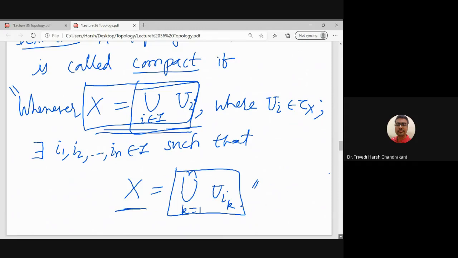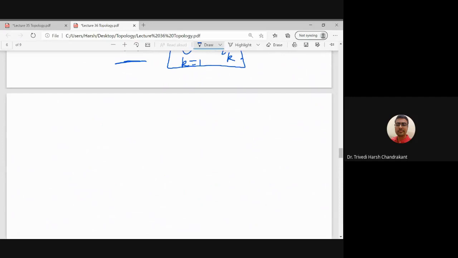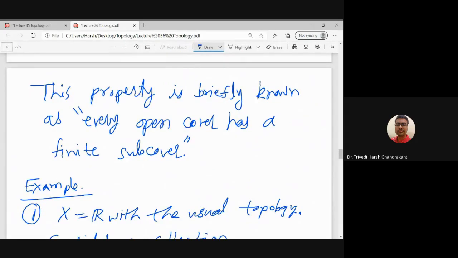So basically compactness means that whatever collection of open sets ui you give which covers X, I can always select finitely many of those open sets which cover the entire space X. The property is briefly known as: every open cover has a finite subcover.